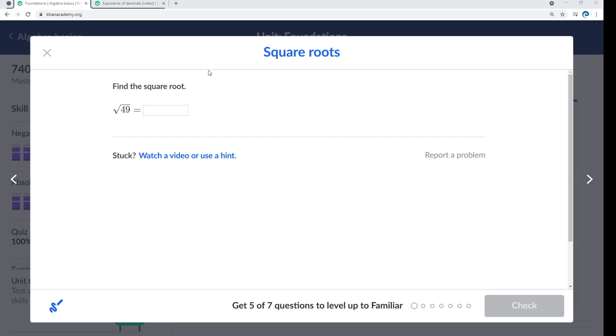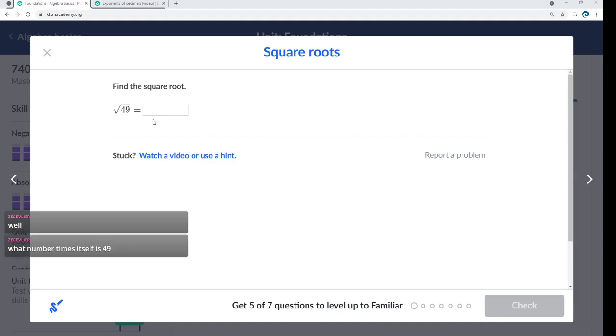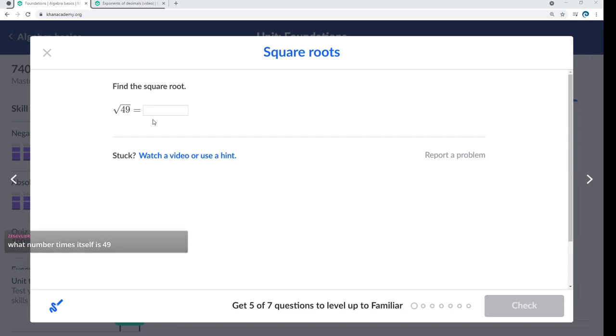What do I do? Okay. Well, it's got to be times itself, right? So what number times itself is equal to 49? Well, 6 times 6 is 36, right? So if we go up 1, I bet 7 times 7 is 49.